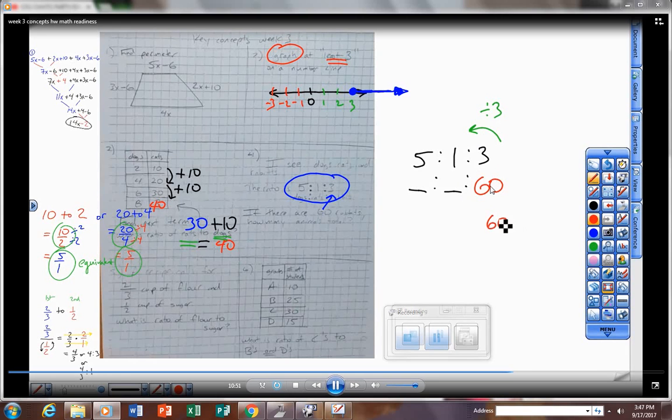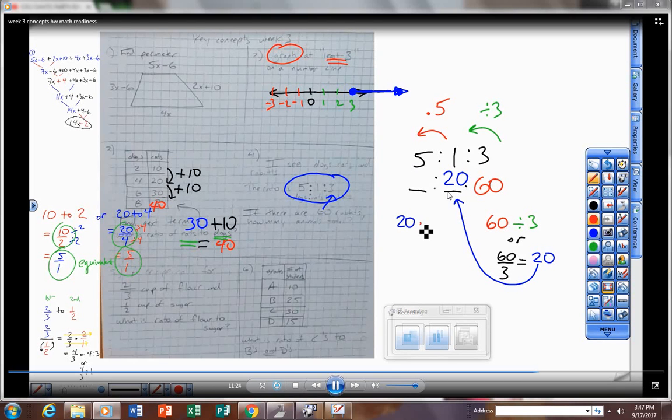So 60 divided by 3 is 20. So that middle number following this ratio will be 20. Goes right there in the middle. Now, since I'm going from this 1 to the 5 here, I'm going to multiply by 5. So 20 times 5 will give me that number expanded back out to that 1 to 5 ratio. 20 times 5 gives me 100.